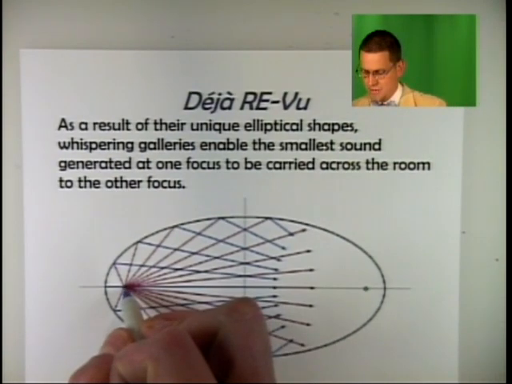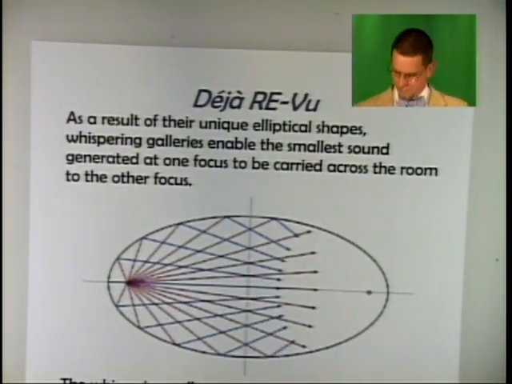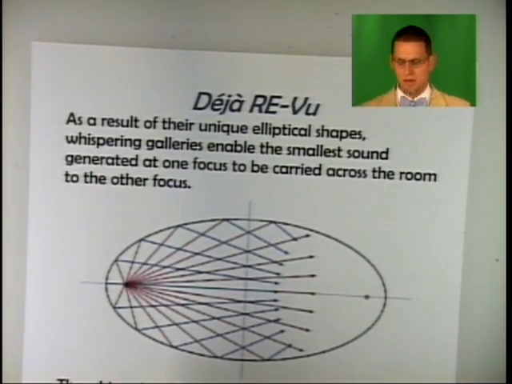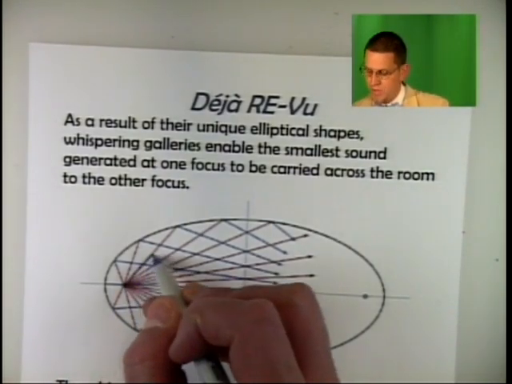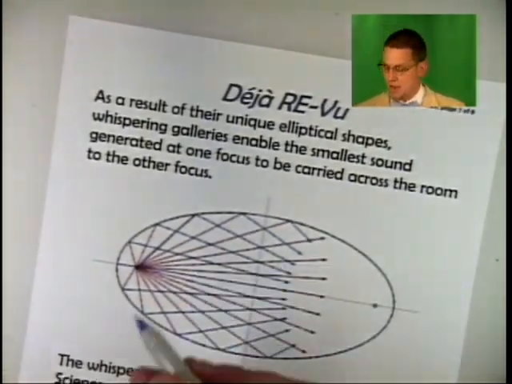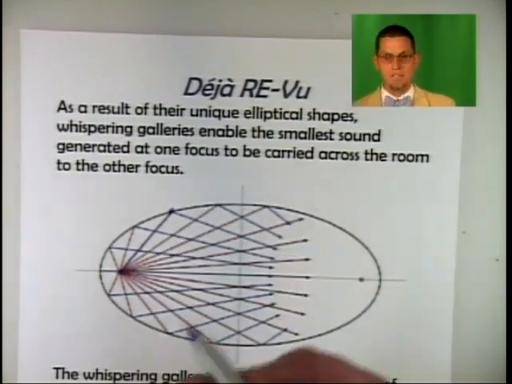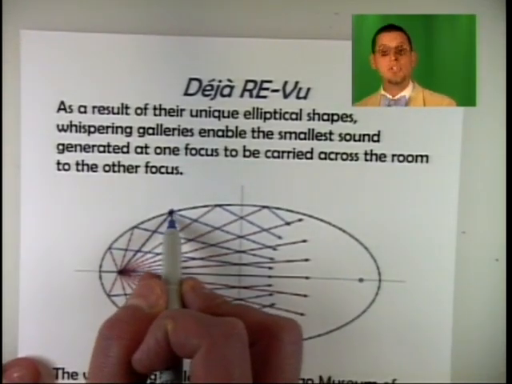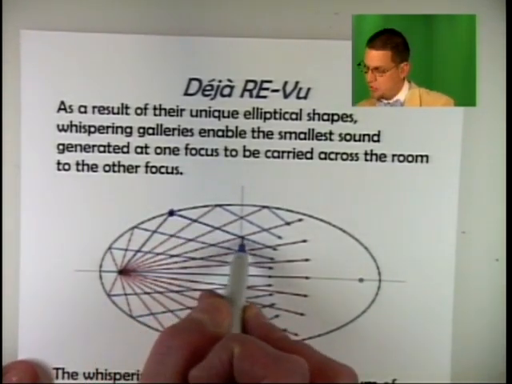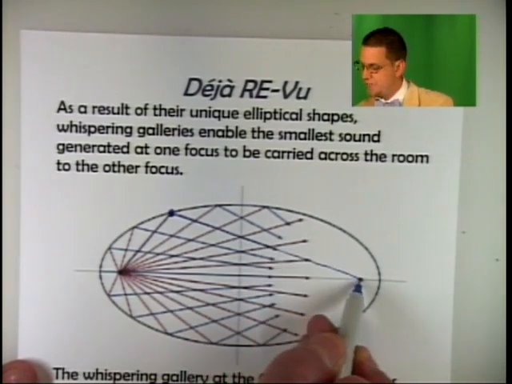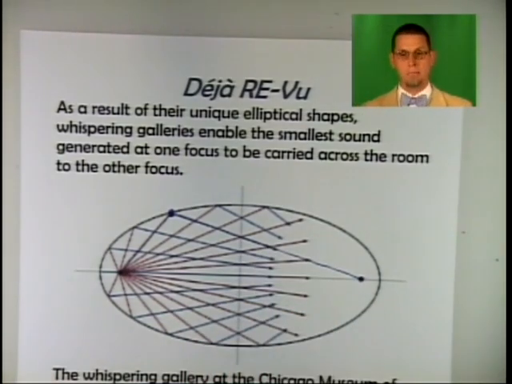Anything that takes off from one of the foci, whether it's a pool ball or a sound wave or a light wave, anything that is emitted from one foci will hit the outside of the ellipse, and it will bounce off or be reflected directly at the other foci, and it'll travel through that point.